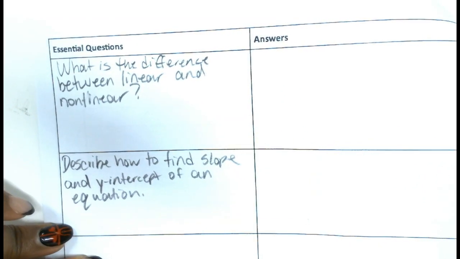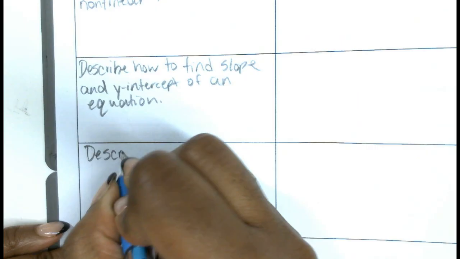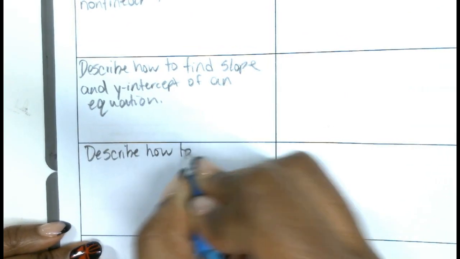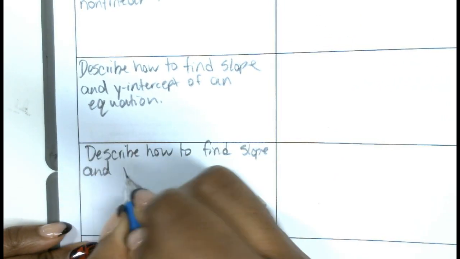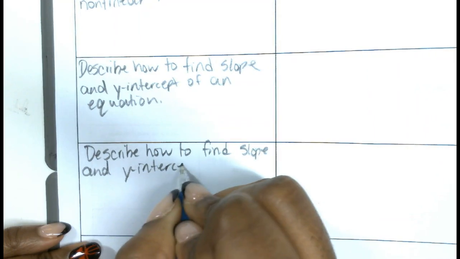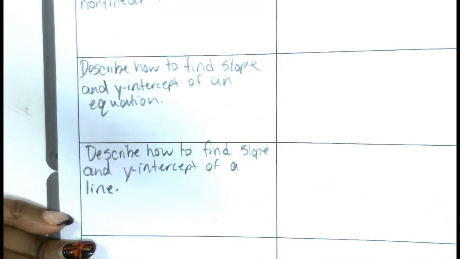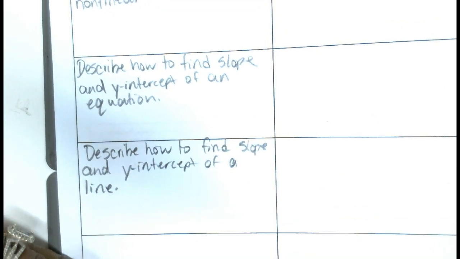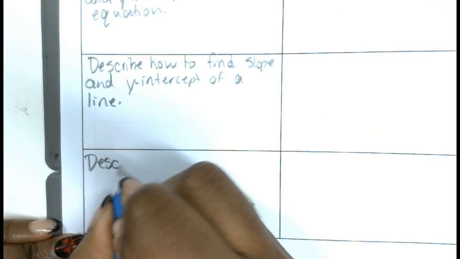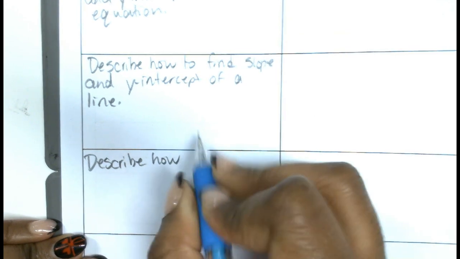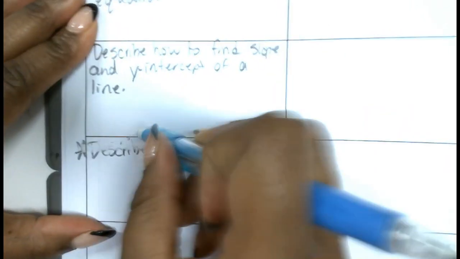Describe how to find the slope and the y-intercept of a line. And describe how to find the slope and y-intercept given 2 points. We may not get to this one this week. We won't write that one because we're probably not going to have time.